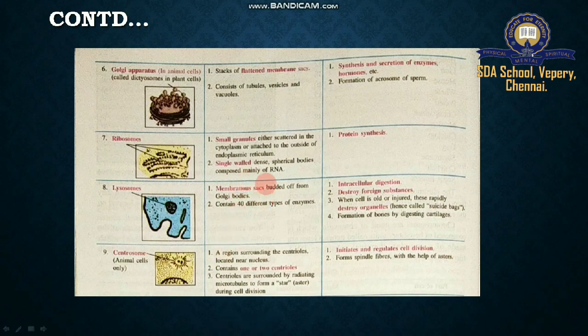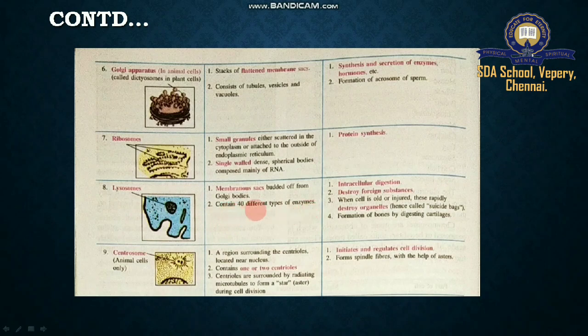It's a membranous sac budded off from Golgi bodies, containing about 40 different types of enzymes. Because a lot of enzyme is available here, with the help of these enzymes it catches neighboring organelles, or the dead bodies of dead organelles.